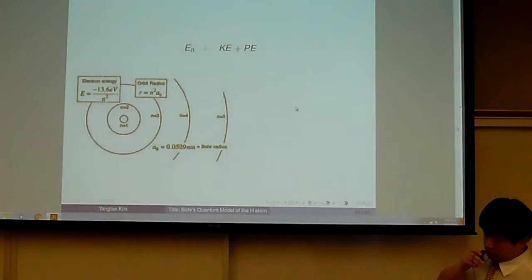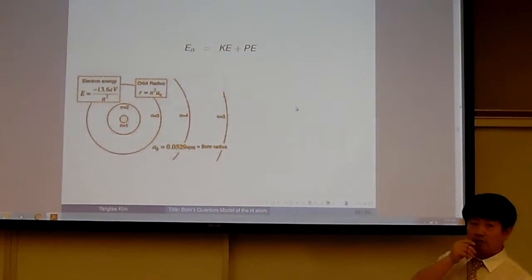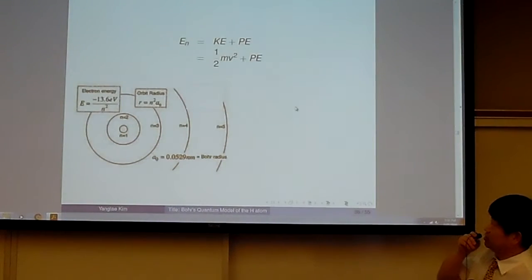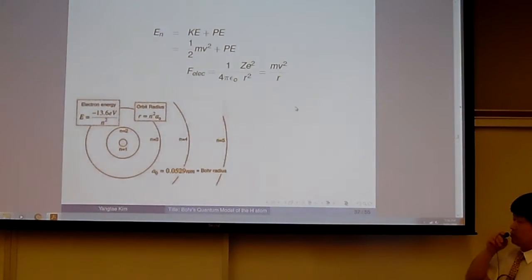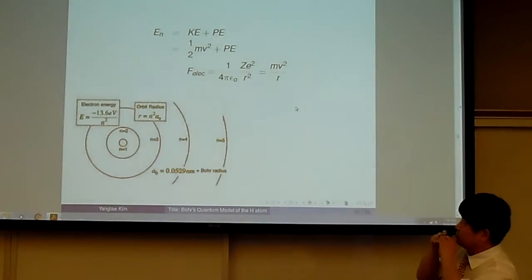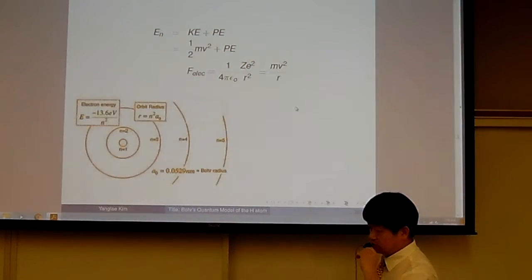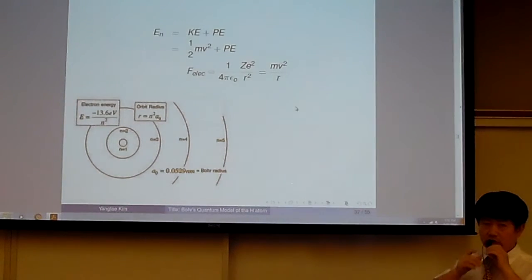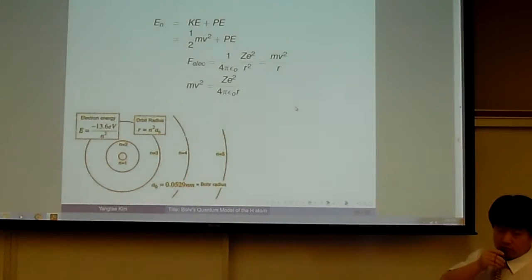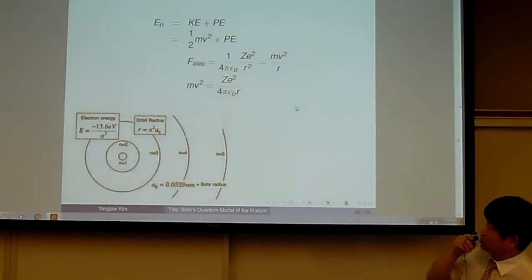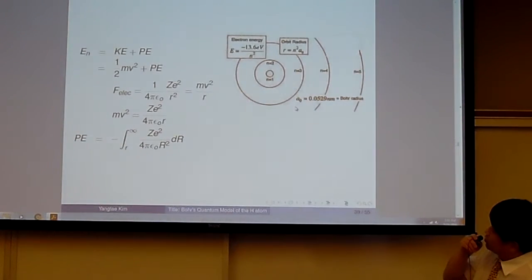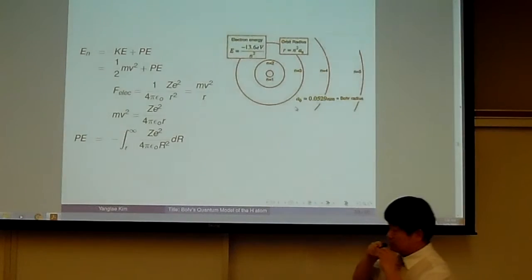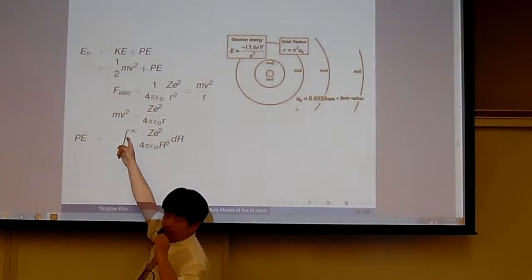If you calculate energy, total energy, the summation of kinetic energy and potential energy, kinetic energy is half mv squared, and from the fourth equation, we have 1 over 4 pi epsilon naught Ze square over R squared, that equals mv square over R. From this, we can find the expression for mv square, which is Ze square over 4 pi epsilon naught R. And potential energy is negative integration from R to infinity.